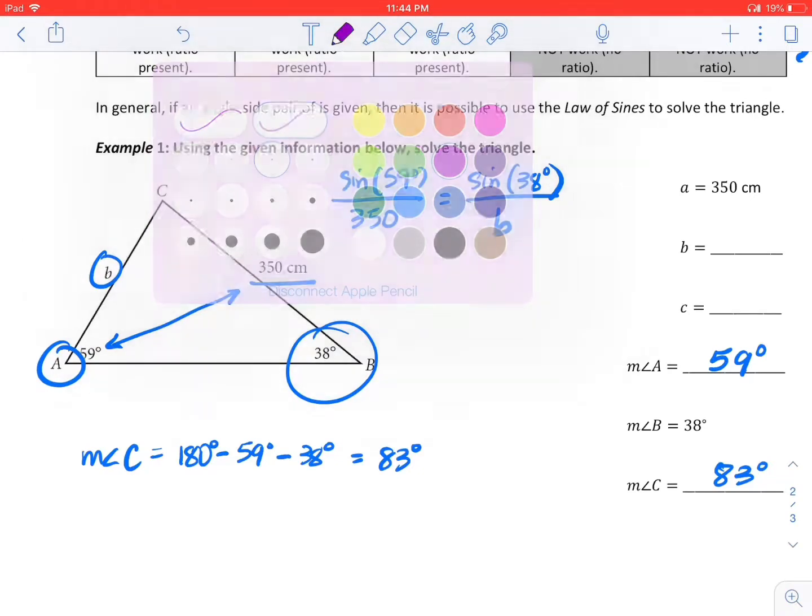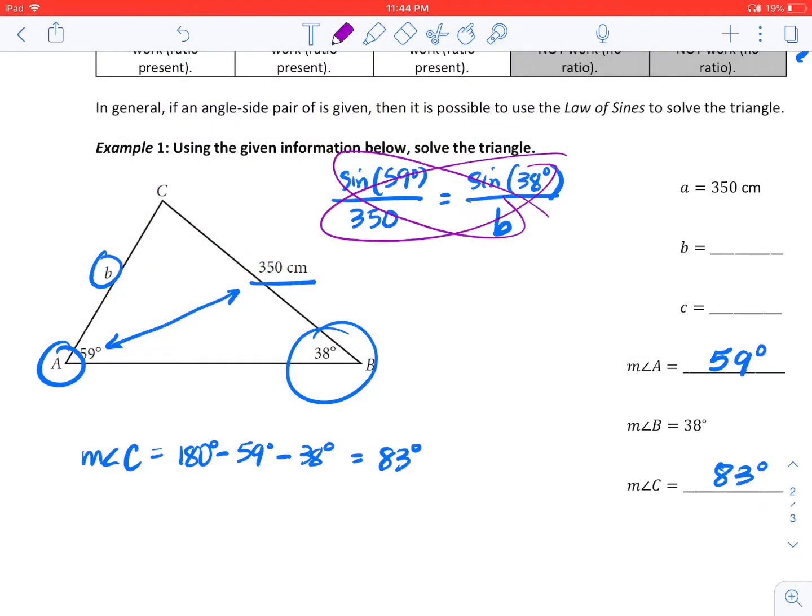Let's use the means extremes property to cross multiply. B times the sine of 59 degrees is equal to 350 sine of 38. And then lastly, divide both sides by the sine of 59 because the goal is to get B on the side by itself.